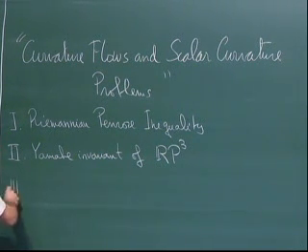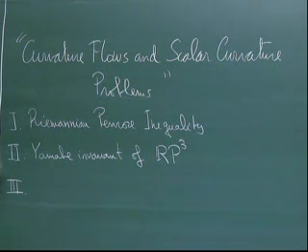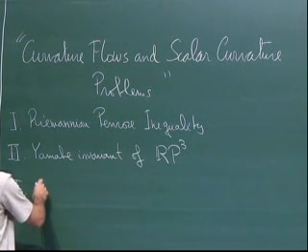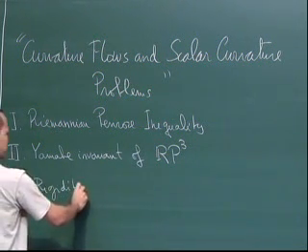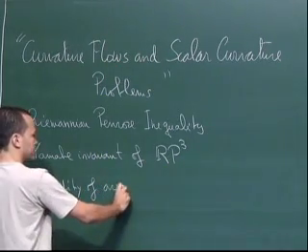And finally, this is more or less how I'm going to divide my talks. In the third talk, I'll say a few things about rigidity problems. Let me put it this way: rigidity of area minimizing surfaces.